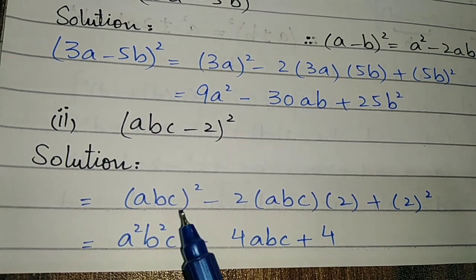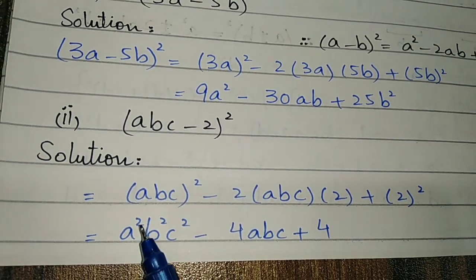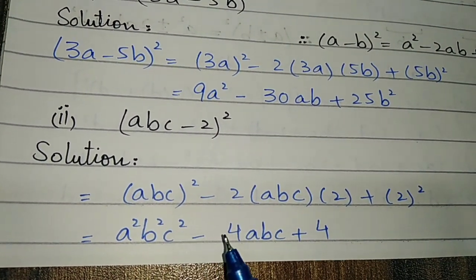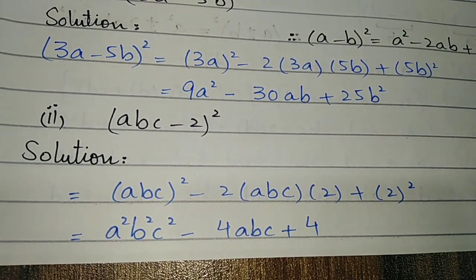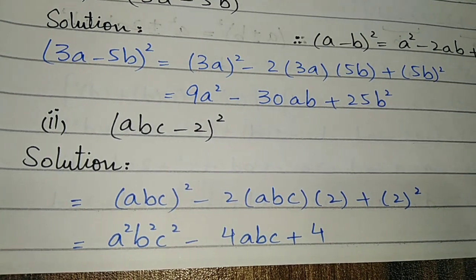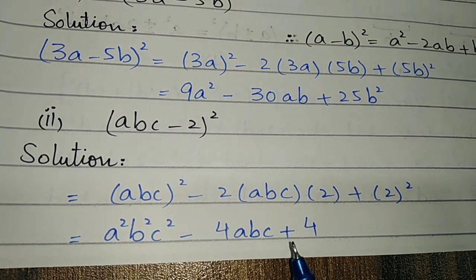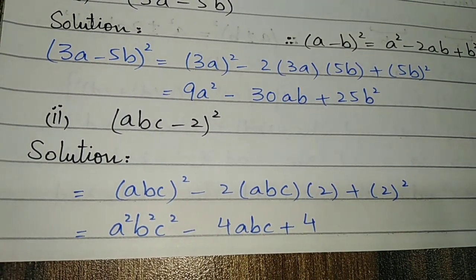Now we open these: (abc) whole square means a square b square c square, minus 2 times 2 is 4, abc, plus 2 square is 4. So a square b square c square minus 4abc plus 4 is the required answer.